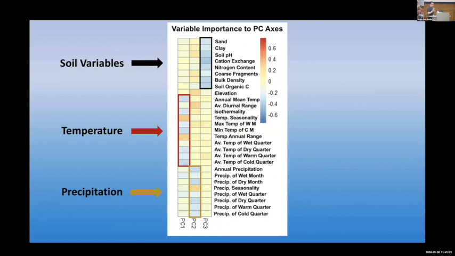Based on the PCA, we see on PC1, which accounts for the most variation among these groups, that all of the temperature variables cluster very closely together. Based on the percent contribution from PC1, it was somewhere in the 30% to 40% range. Temperature is mostly contributing to the variation in this group, followed by precipitation, and then soil variables, as listed there on the side.